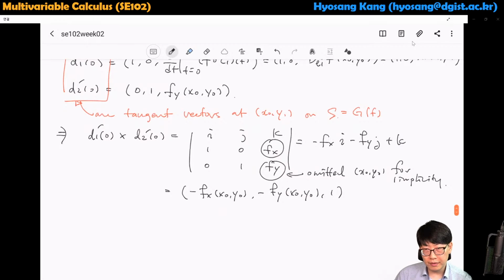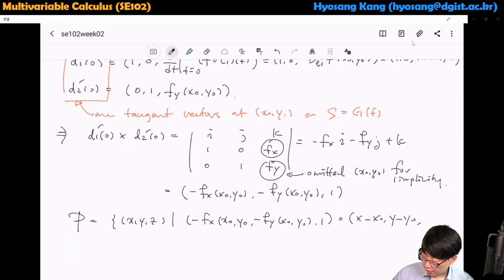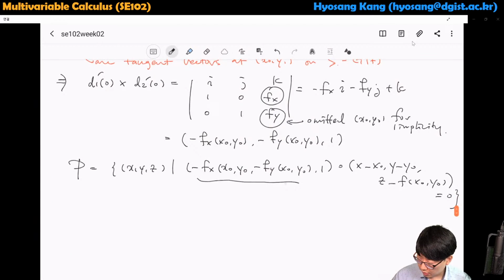Once you know the normal vector of the plane, now you can define your tangent plane. It's the set of points (x, y, z) where the inner product with this normal vector of (x - x0, y - y0, z - f(x0, y0)) must be 0. So let's rewrite this formula.